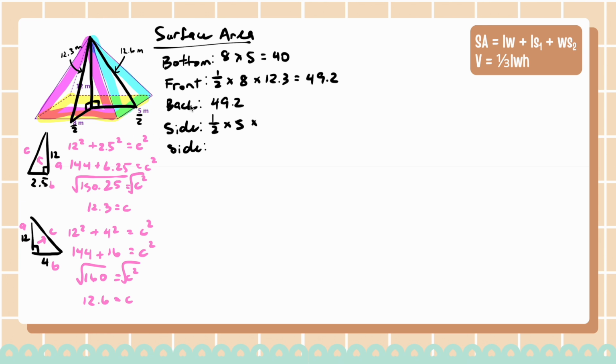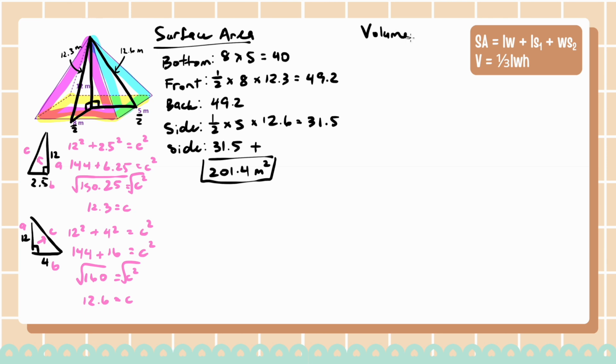The height of the triangle is 12.6. And so if I multiply all of these together, that's going to get me 31.5. And that's the same for the other side area. Adding all 5 of my sides together is going to get me 201.4, and that's meters squared. So that's my surface area.